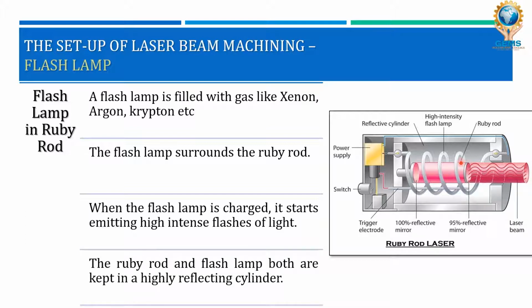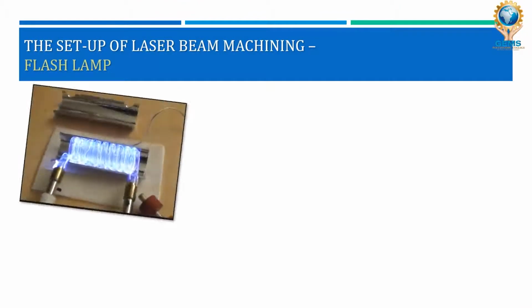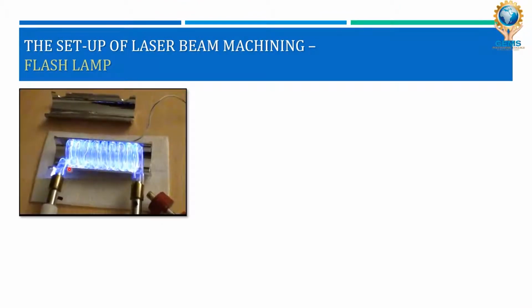The ruby rod and flash lamp both are kept in a highly reflecting cylinder. So this is the cylinder, and these two are kept inside it. And this is how the flash lamp, when it gets charged, emits the high intense beam of light.